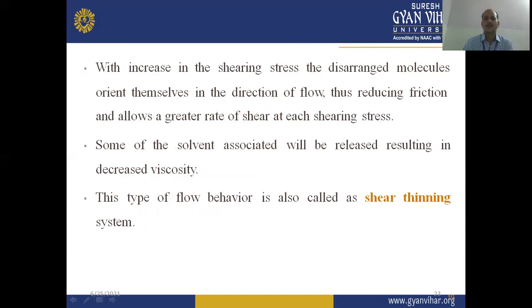So with increase in the shearing stress, the disarranged molecules orient themselves in the direction of flow, because before applying the shearing stress, the molecules are disarranged or randomly arranged, but with increase in the shearing stress, the disarranged molecules of this type of pseudoplastic material orient themselves in the direction of flow, thus reducing the friction and allowing a greater rate of shear at each shearing stress.